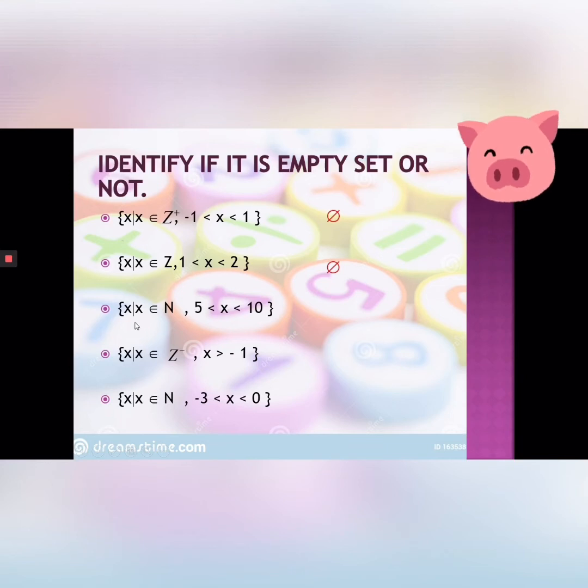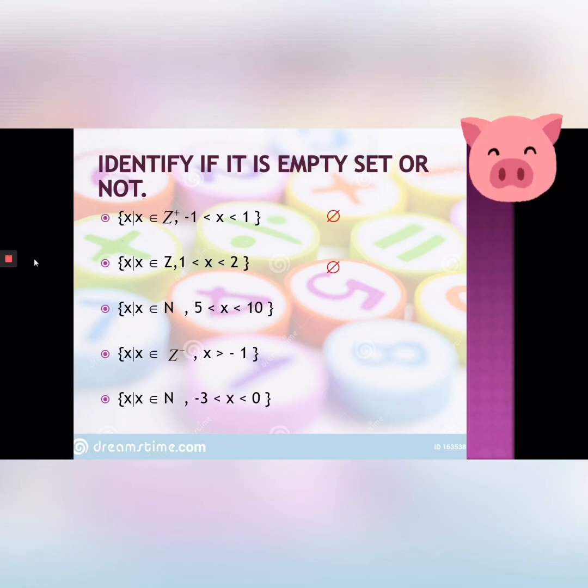Now for number 3 example, x such that x is an element of natural numbers. If you look back on the list of basic mathematical notation, N or natural number is there. It means these are positive numbers like 1, 2, 3, 4, 5, 6, and infinity.